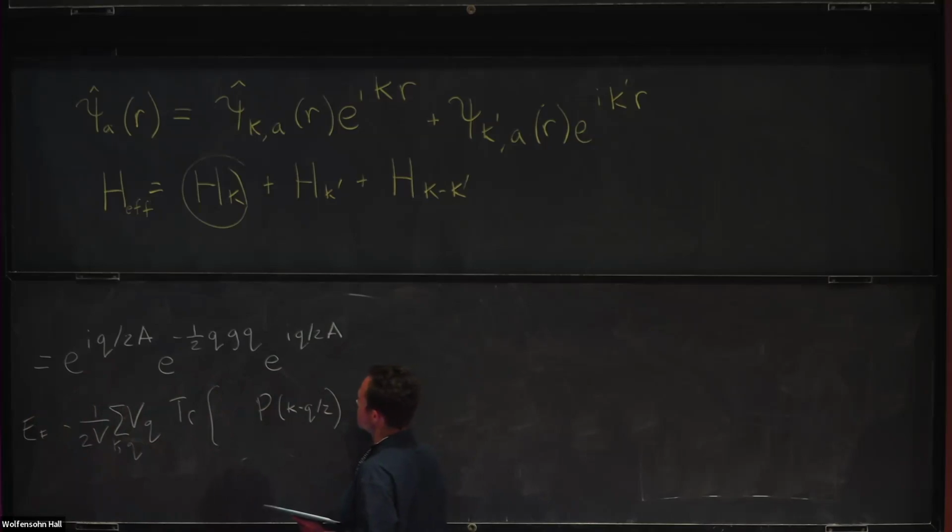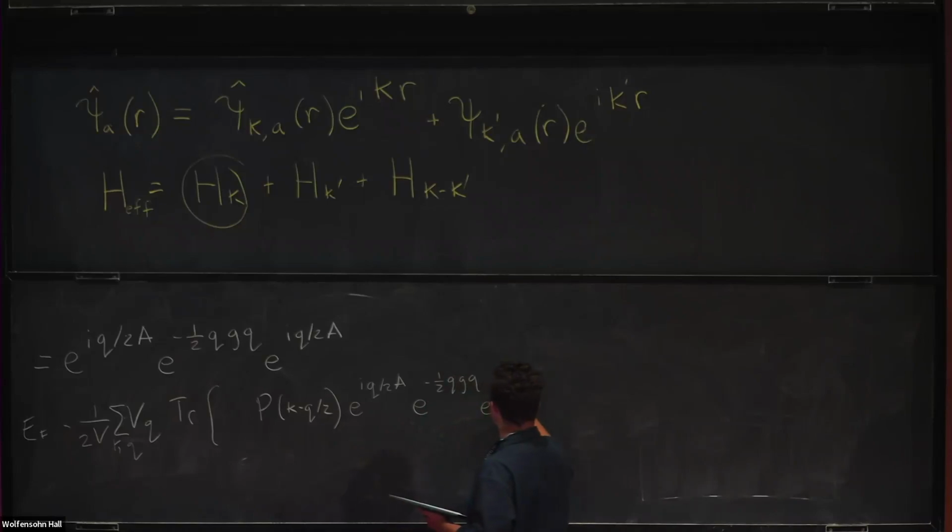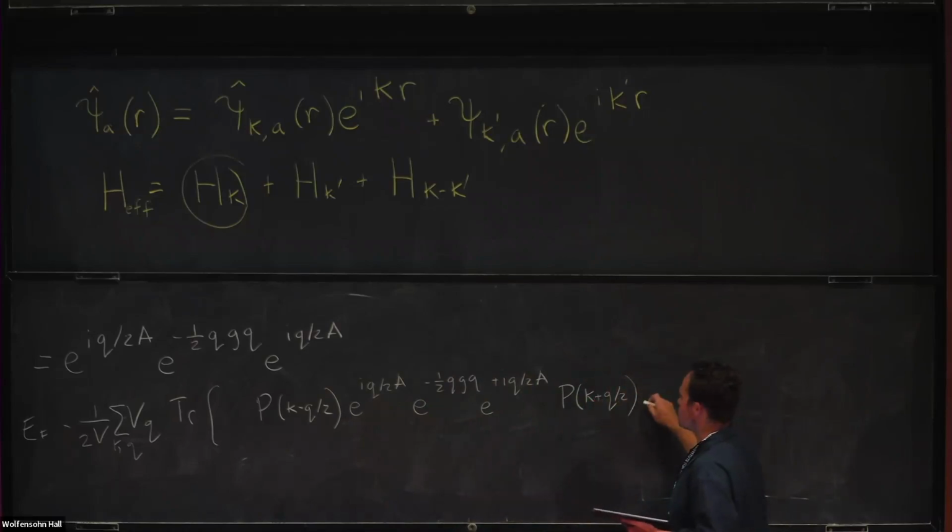Then I write down this thing here, e to the I q over 2a, e to the negative 1/2 qgq, e to the I q over 2a. Okay, that was P and then one factor of lambda, and then I write P at the other point, k plus q over 2. And then I get the form factor at that other point. You find that this is equal to negative q over 2.